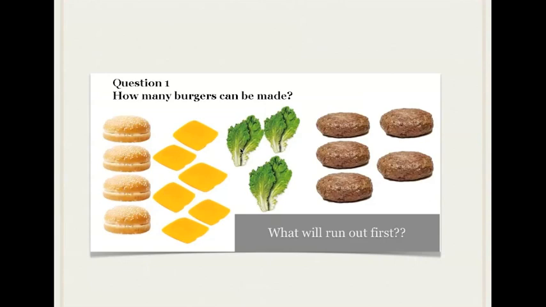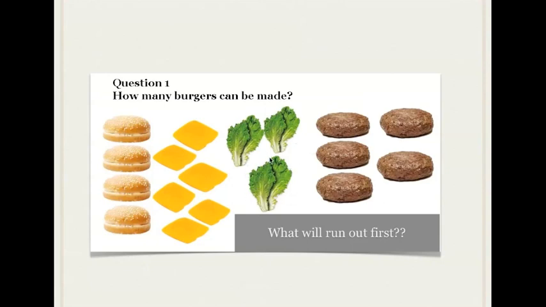This is known as your limiting reagent. Your limiting reagent is something that is going to run out before all the others. So in this burger example, our limiting reagent is our lettuce because it runs out first. So that means our total products, or our total burgers, are going to be only 3, because we can only make 3 because we have our 3 lettuces here.